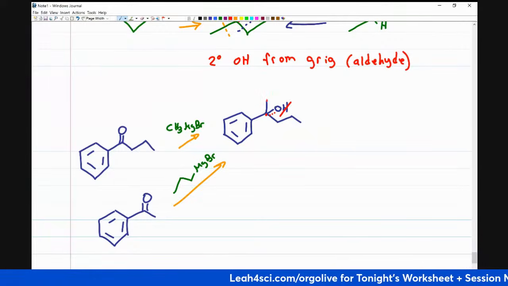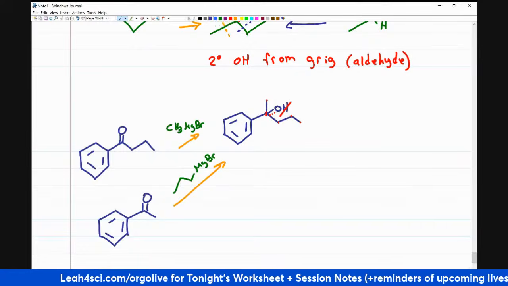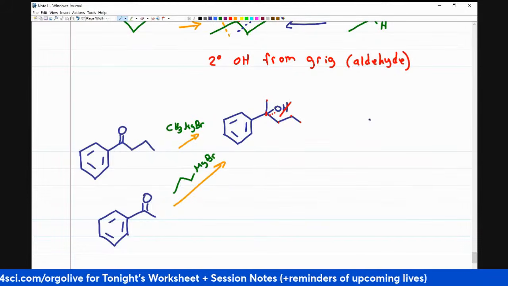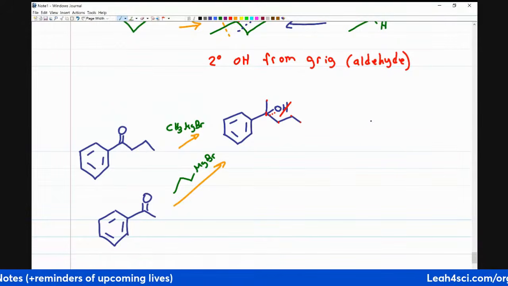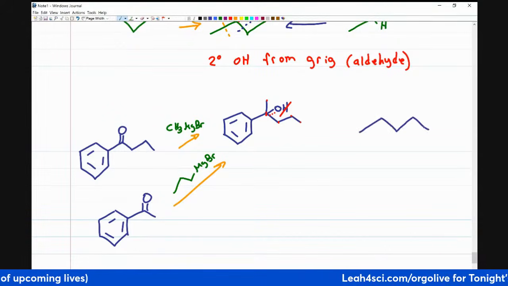I have 1, 2, 3, 4, 5. I could have had a starting molecule that looked like this: 1, 2, 3, 4, 5 with a carbonyl. Let me draw it that way instead. Could have done that ketone.